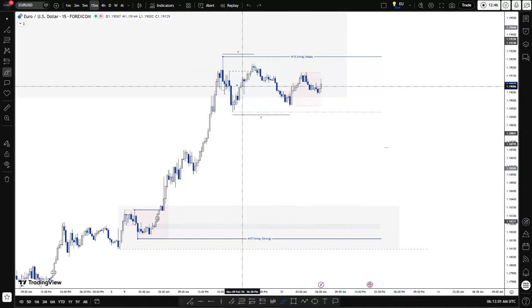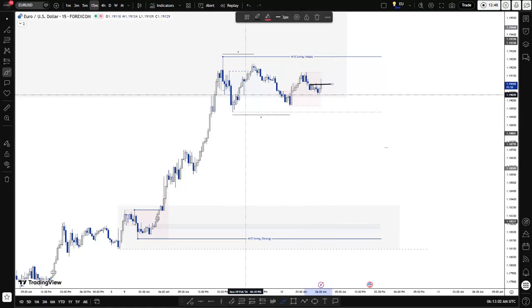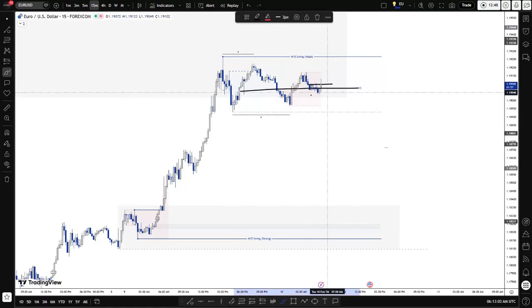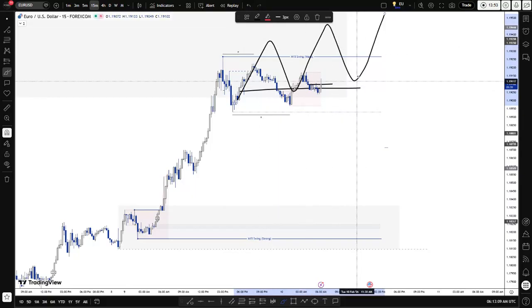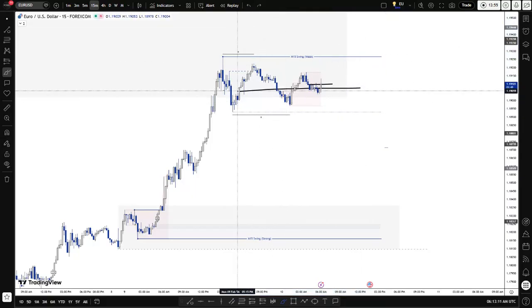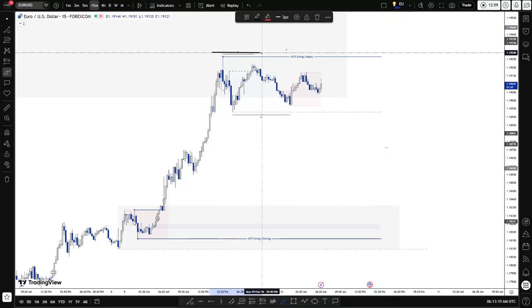Currently price is ranging sideways. It's not in a clear trend like breaking highs. So price is in sideways price action, creating buy side liquidity. That's why I've drawn this dashed line with the liquidity above.